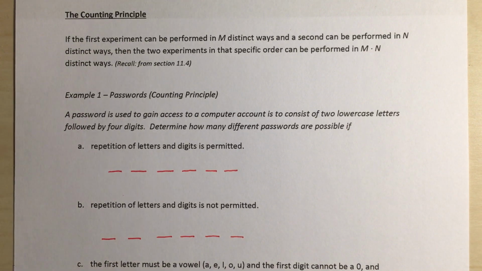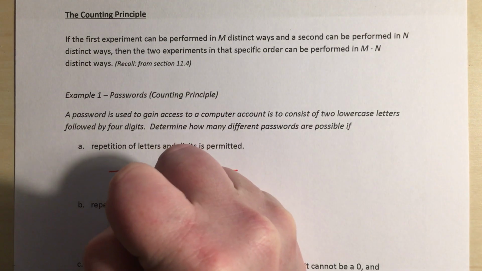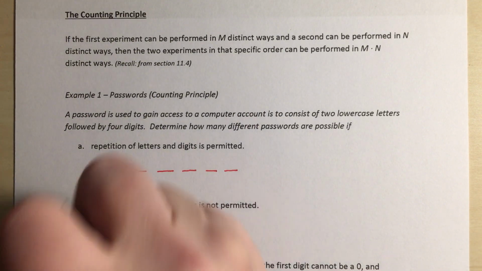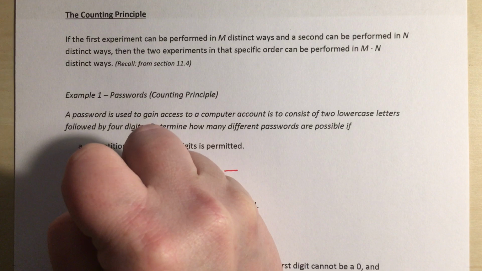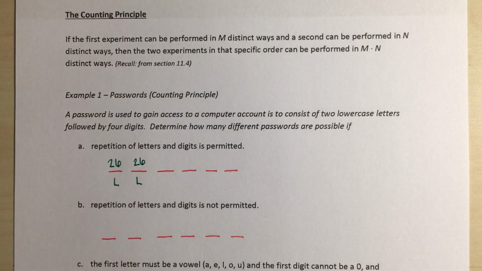Okay. All right, so in our first case, repetition of letters and digits is permitted. Our first two are lowercase letters, so that's going to be represented underneath there by the letter L. We have 26 letters in the alphabet. Repetition is allowed, so we have all 26 letters to choose from for each of these.